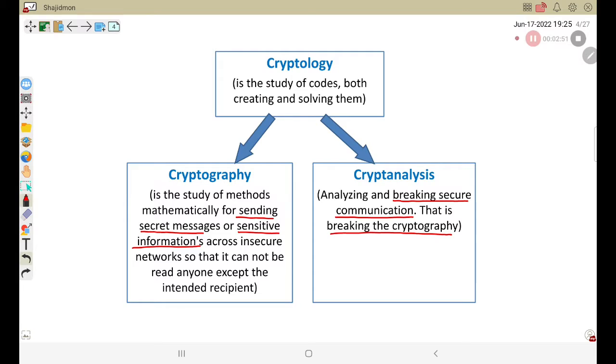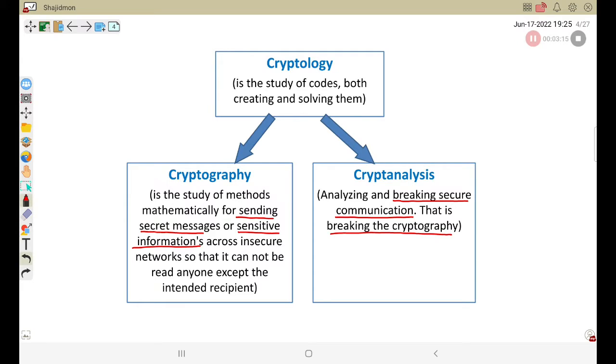Cryptography means sending sensitive information or secret messages in a secure way so that only the recipient can read the message, but the opposite, breaking that secure communication, is what we call cryptanalysis.